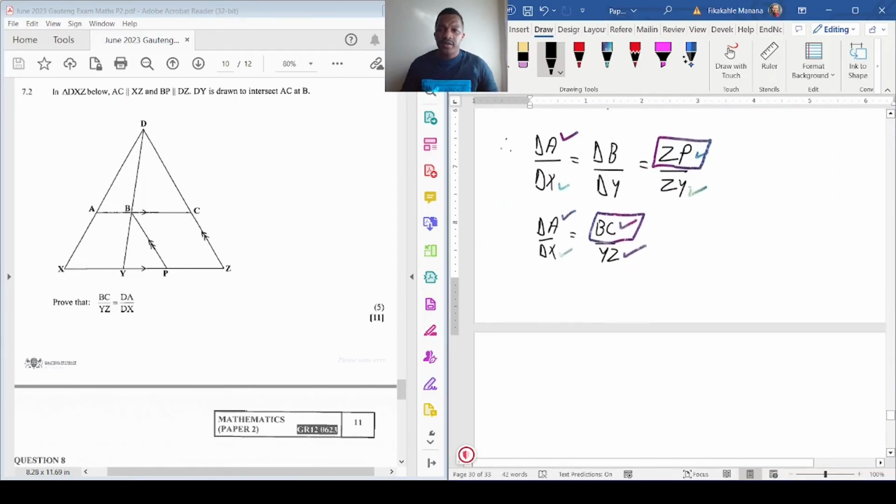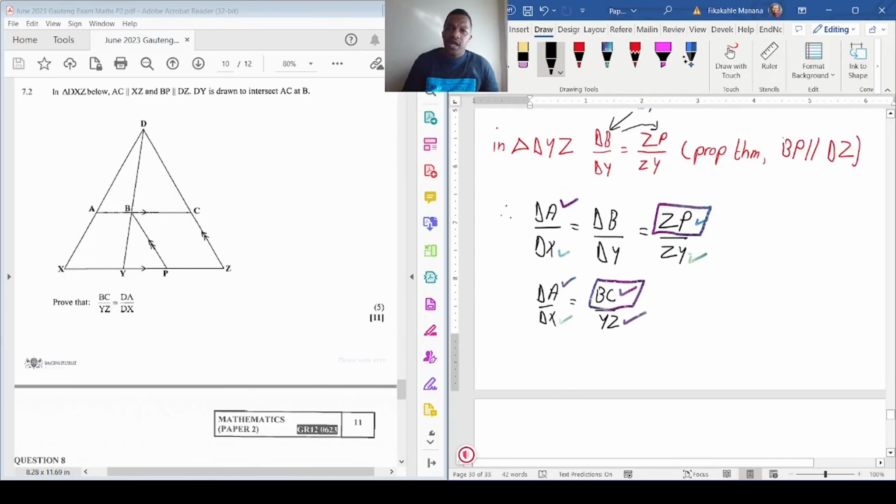So here, I actually have to make a statement before I make this conclusion to say that ZP is equal to BC, and the reason is equal sides of a parallelogram.